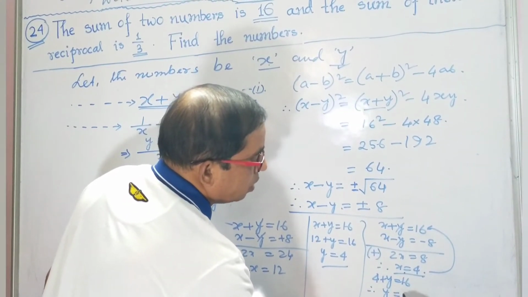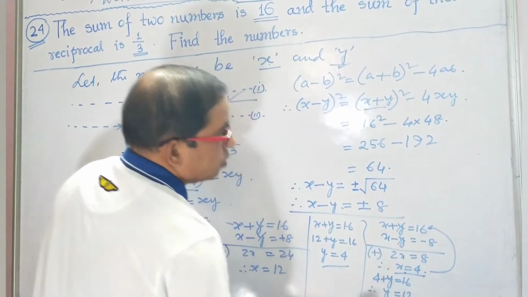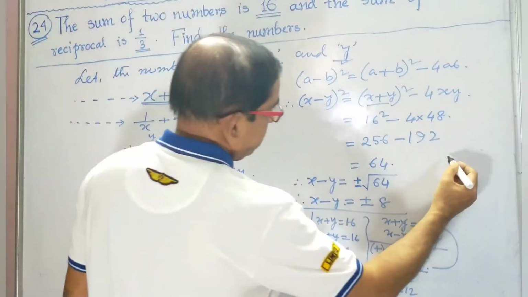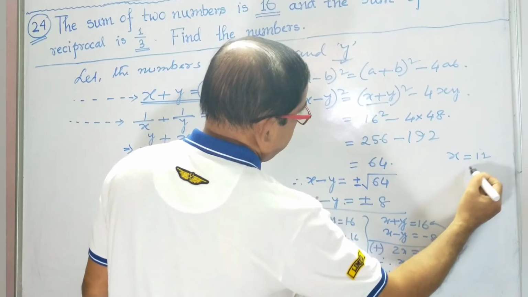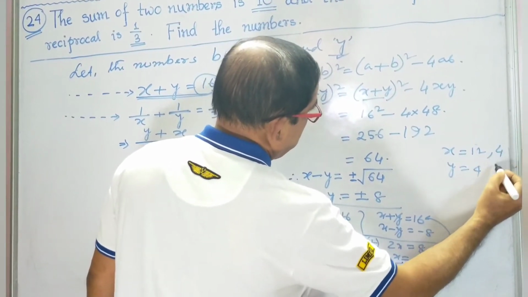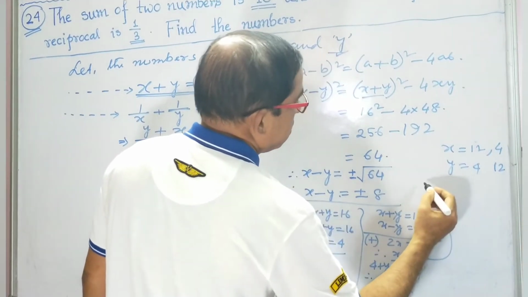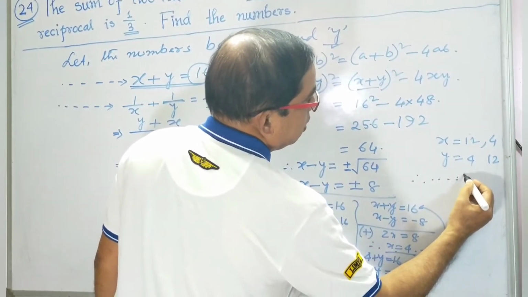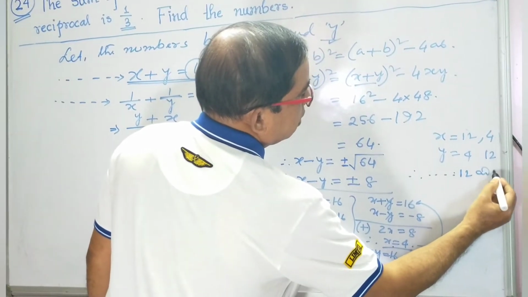That is y equal to 12. So I have got two values of x and y. When x is 12, y is 4, and when x is 4, y is 12. So simply we will write the numbers, the two numbers are 12 and 4.